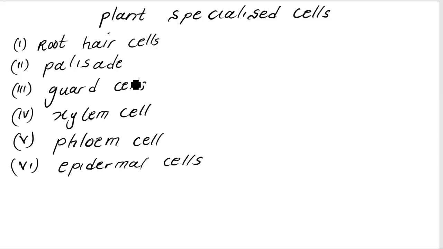Besides knowing that this is a plant or an animal specialized cell, you have to be able to recognize it when you see it. Due to the appearance of that cell, you should be able to say this particular cell is a root hair cell, a palisade cell, a guard cell, a xylem, a phloem, or epidermal.